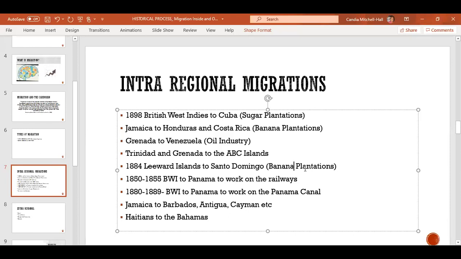But another major phenomenon that still continues in the Caribbean is the movement of Haitians to the Bahamas. So we know for sure that the Caribbean is a space where people move within the Caribbean space.